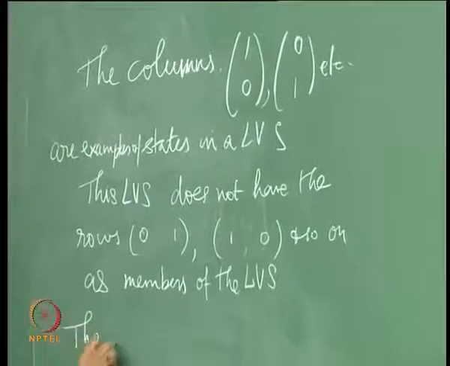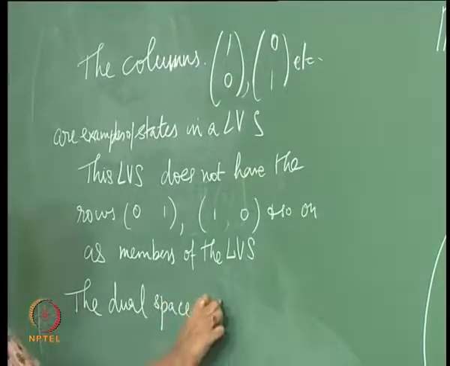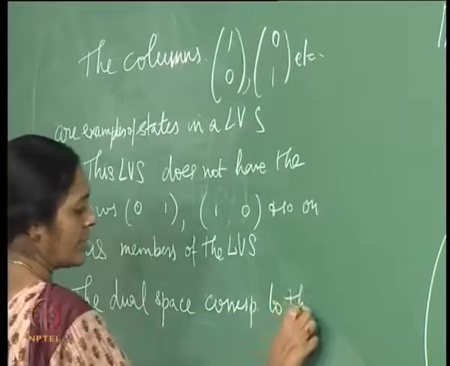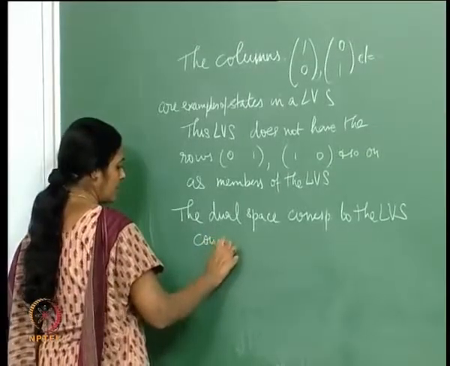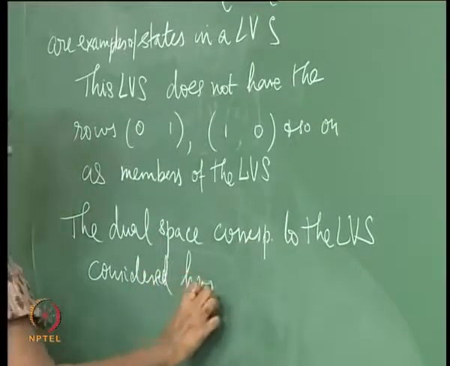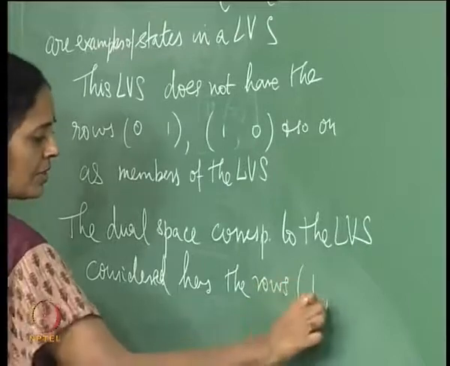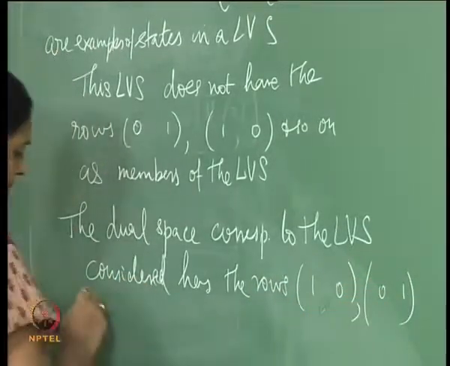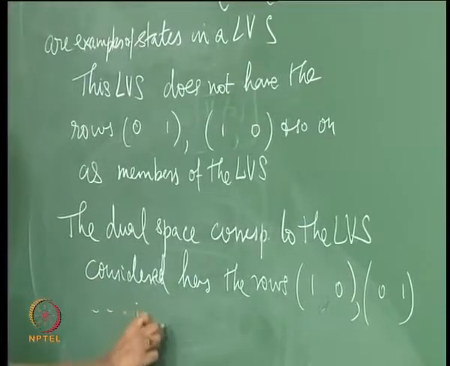The dual space corresponding to the linear vector space has the rows 1 0, 0 1 etc. in it.